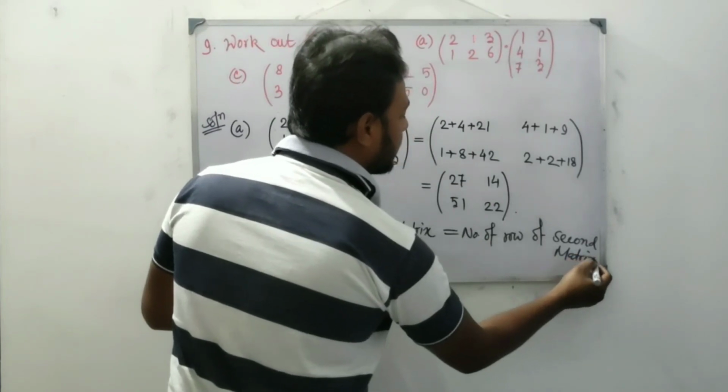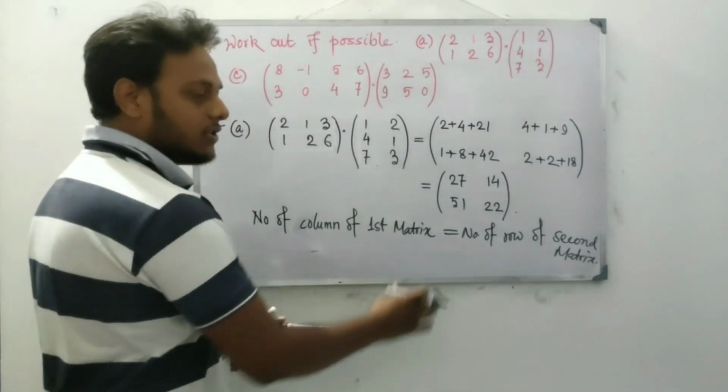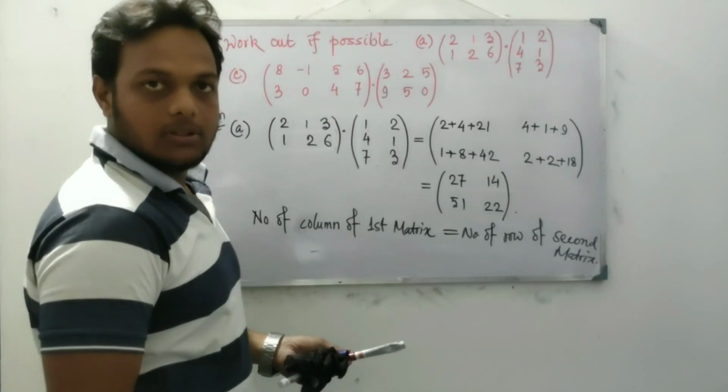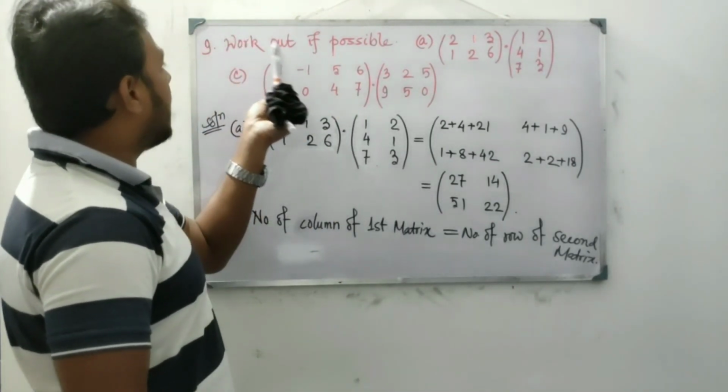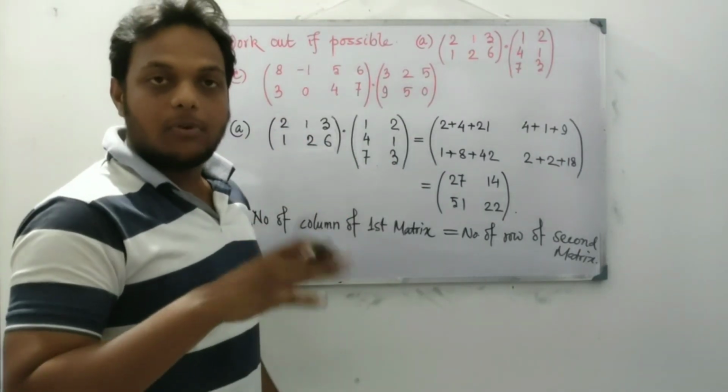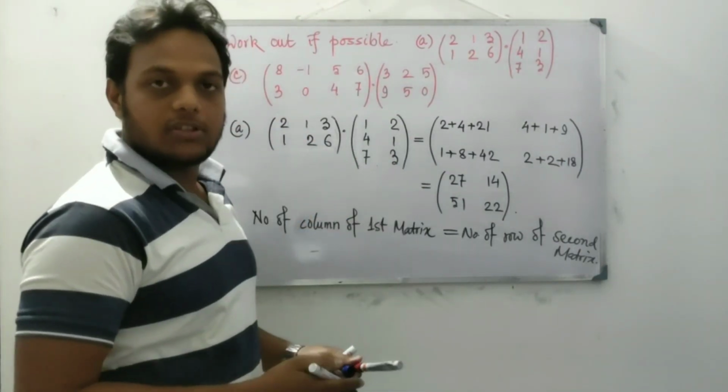If it holds, then matrix multiplication is possible, otherwise not possible. So before solving this part, you have to check, since according to the question, work out if possible. First you have to declare that matrix multiplication is possible here.